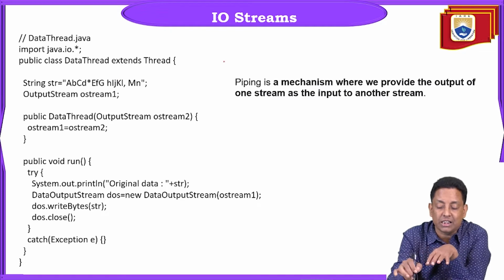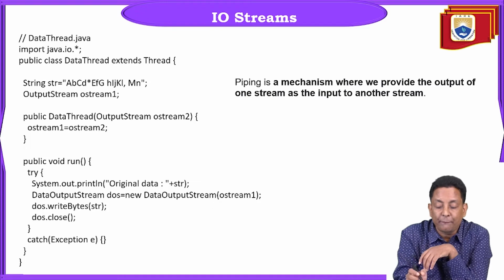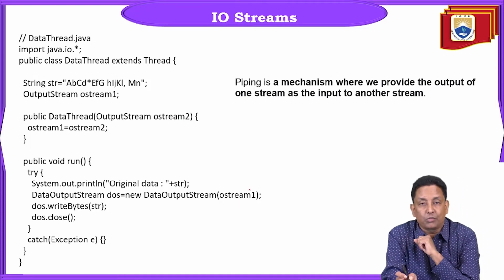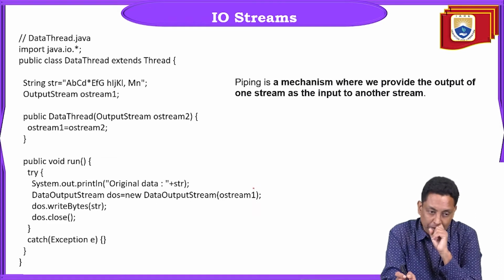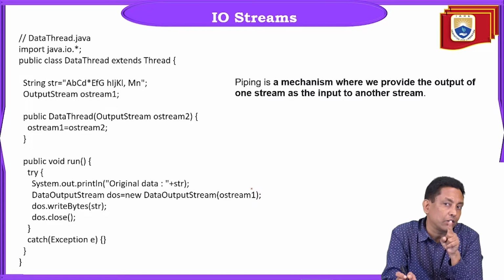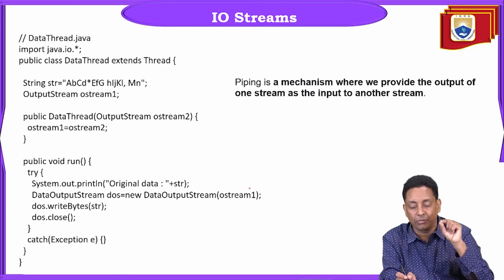The string is equal to A, B, C, D, F, G, H, I, J, K, L, M, N, O, P, something like that. In the run method, we are sending this piped output stream object as argument into a data output stream, because the piped output stream, like the normal output stream, has only one method called write, through which we can write byte by byte, one byte.